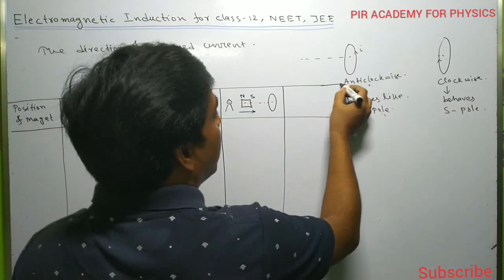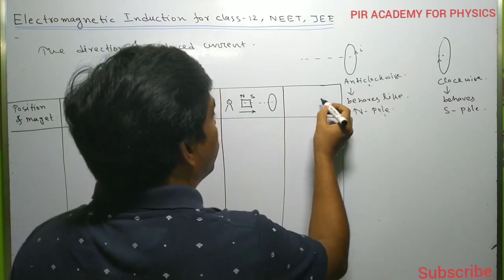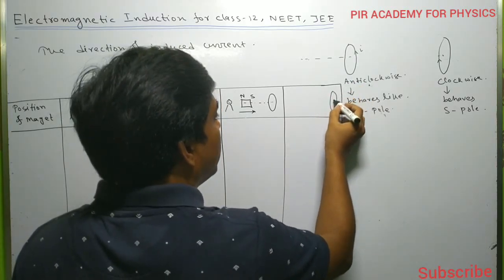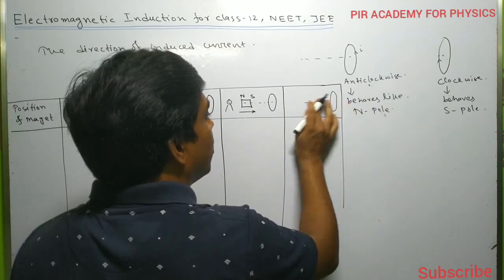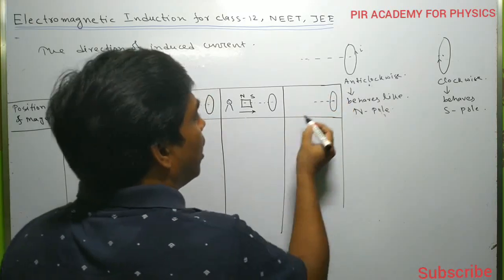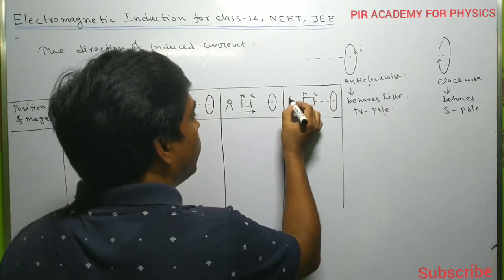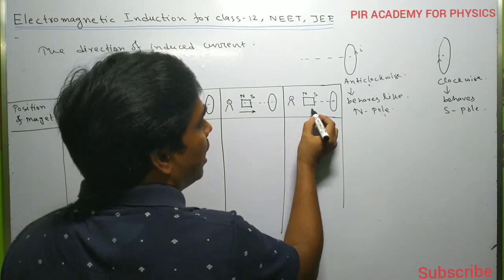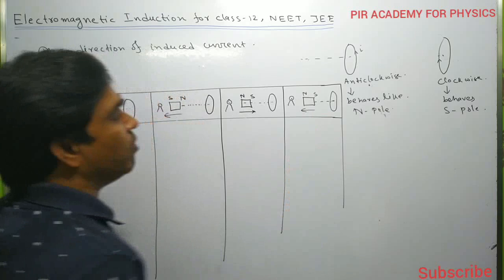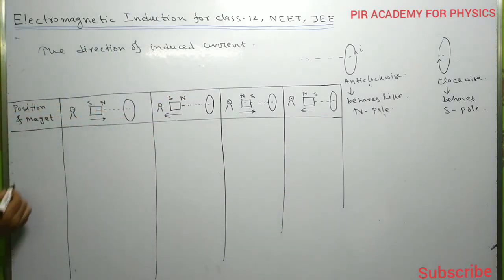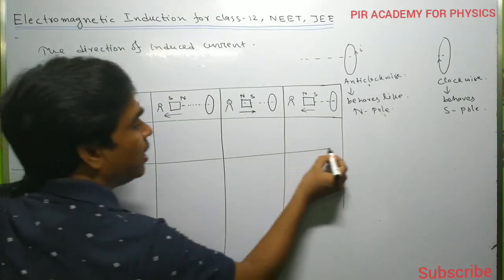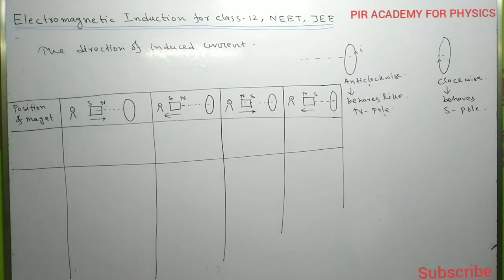And the fourth condition is, suppose there is a loop and this magnet has the south pole here and the north pole here, here is the observer, and this magnet moves along this direction. You have to find some quantities.